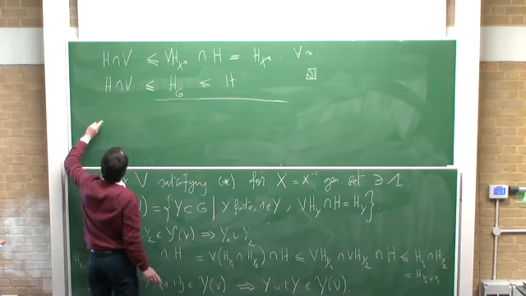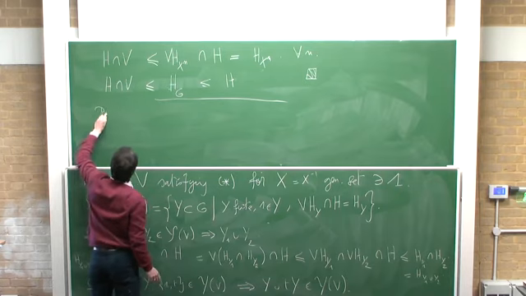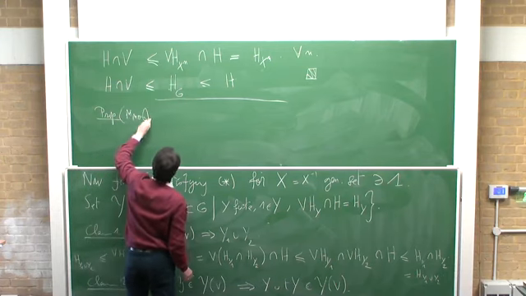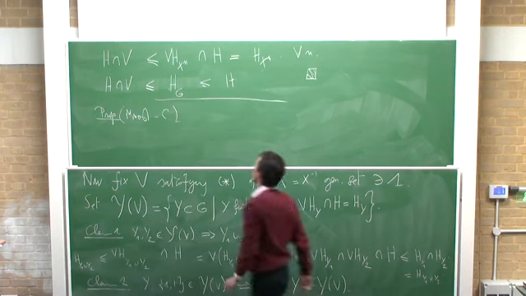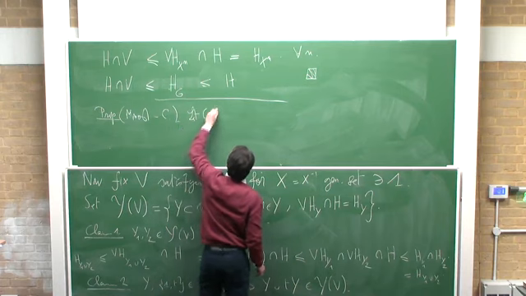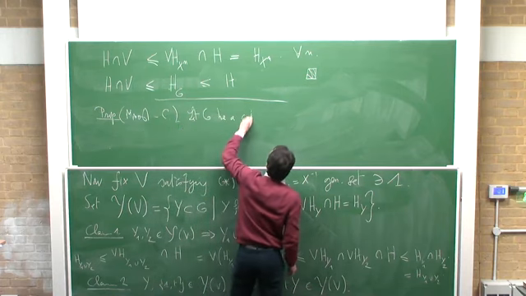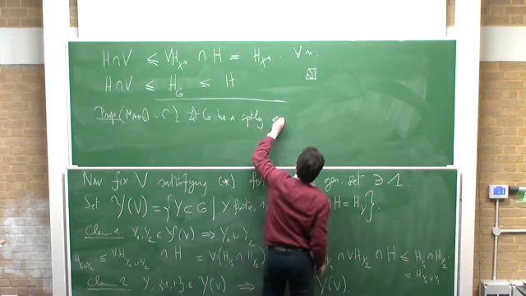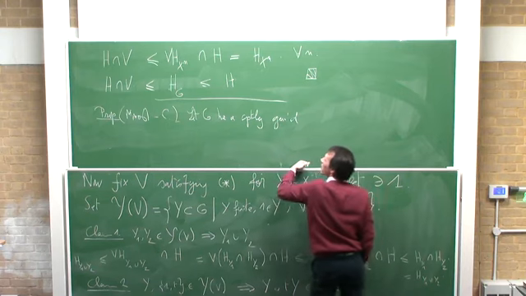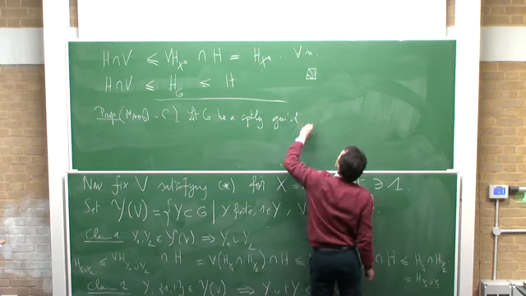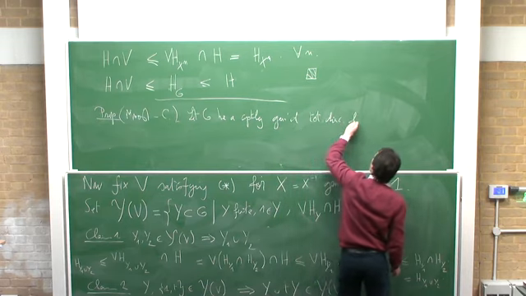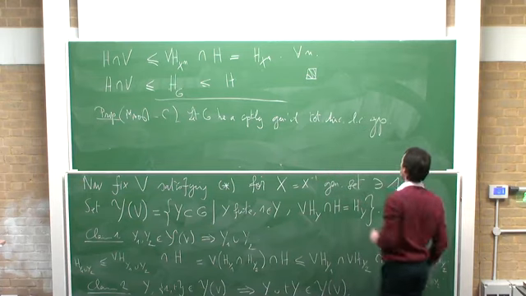So yeah, the alternative argument relies on a proposition that I observed with Mono. It says the following: let G be a compactly generated totally disconnected locally compact group.